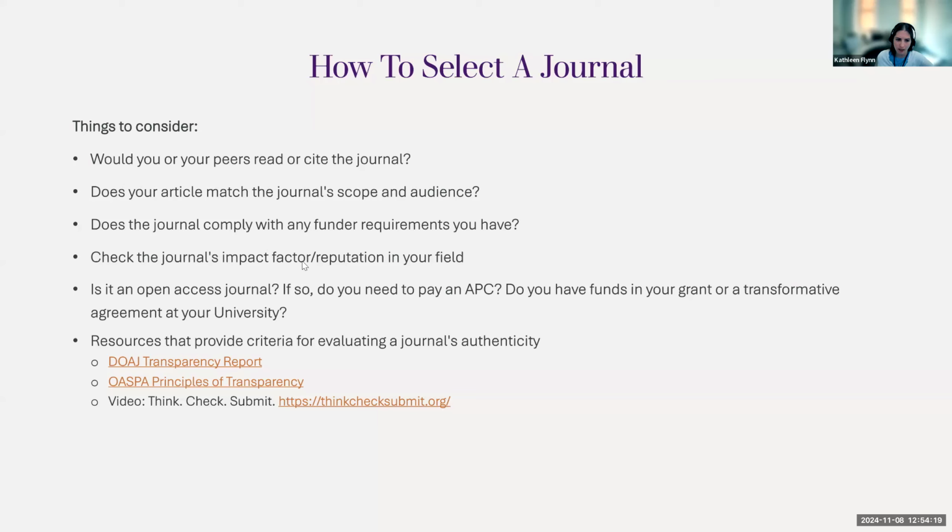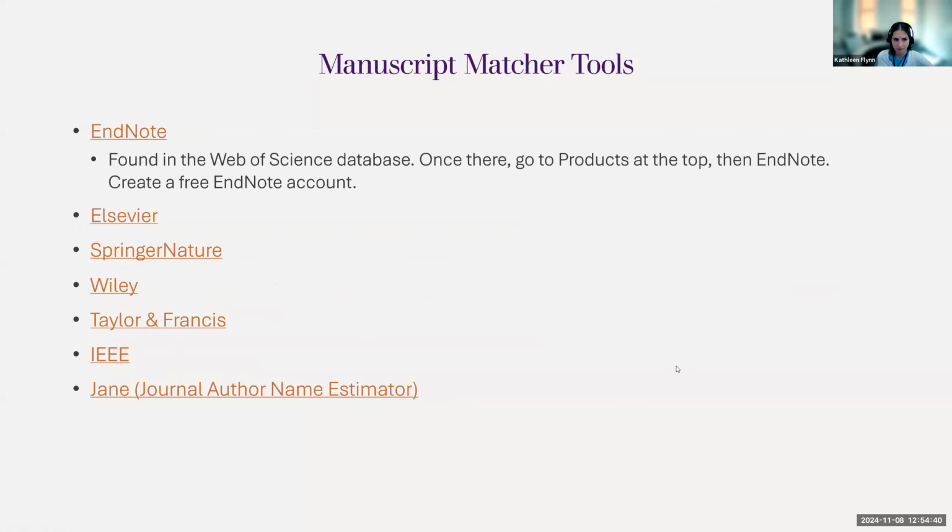You could check its impact factor or its reputation in your field in general. Ask your colleagues. If it is open access and you're interested in that, make sure you have the funds to pay any APC. And there are also some other criteria here to use to evaluate a journal.